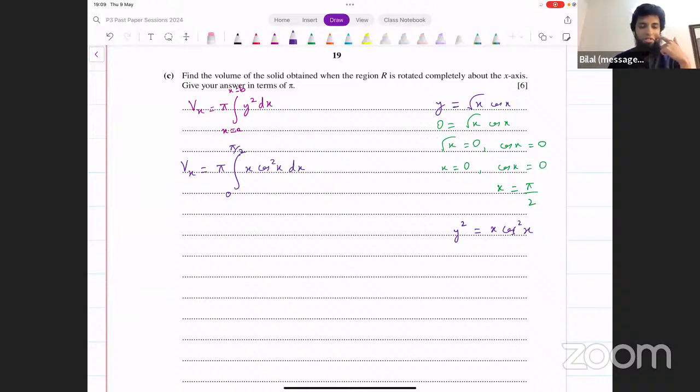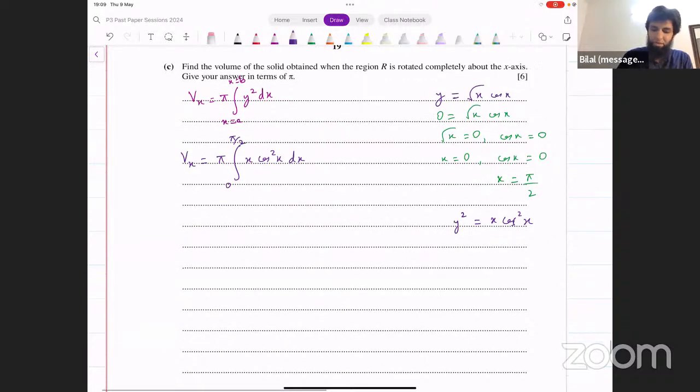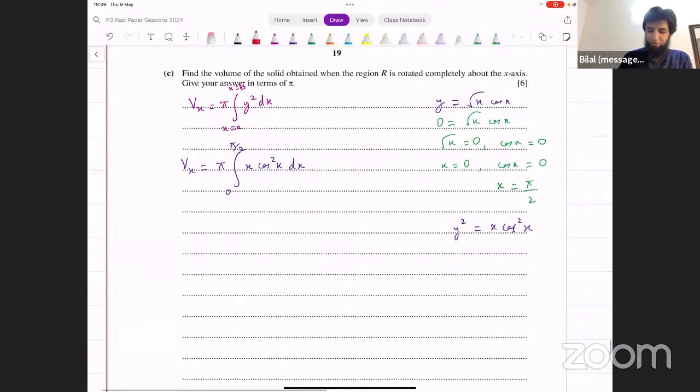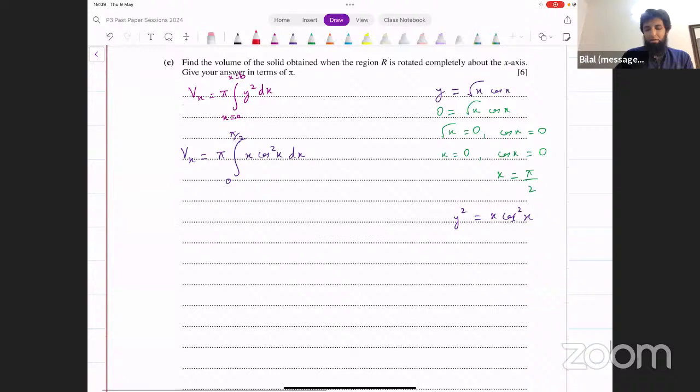Now, how do you do this? It's a product. How do you integrate products? You have to use integration by parts. Okay, how do you use integration by parts here? Which two functions do you have? You have an algebraic function and a trigonometric function. Let's use ILATE. The one on the left should be u, the one on the right should be v dash.